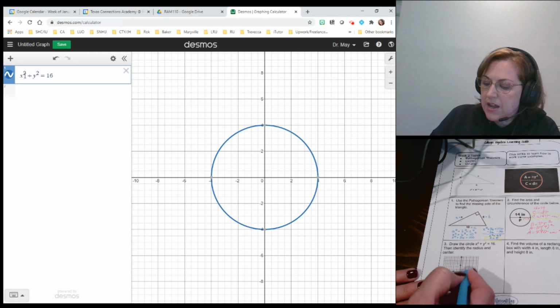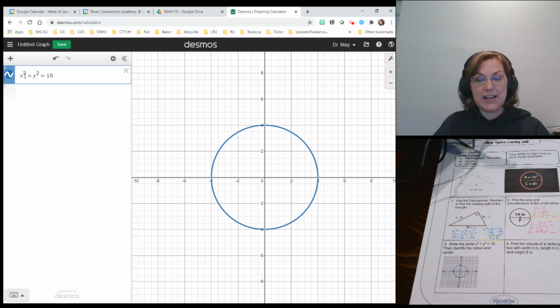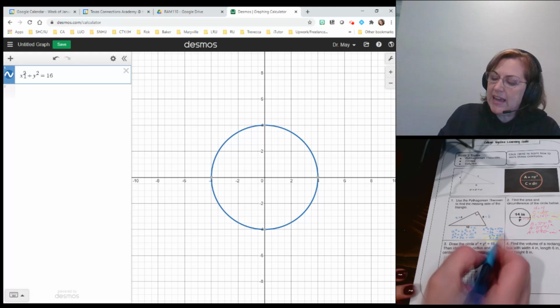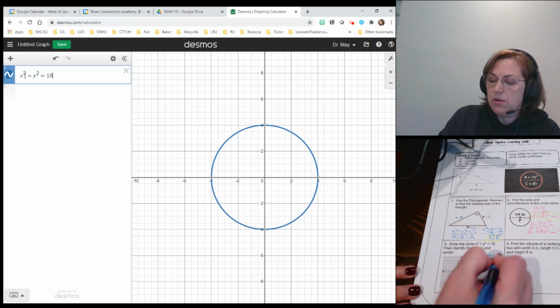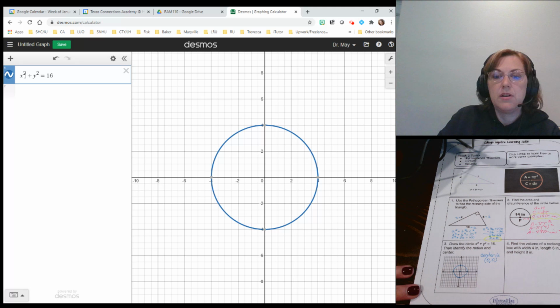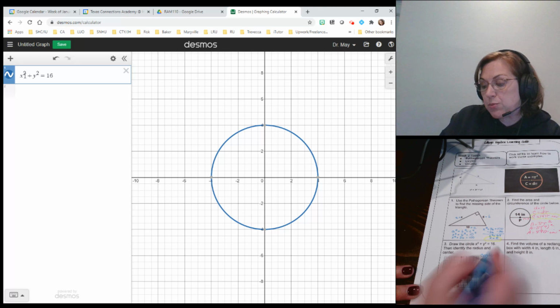And you can draw. Now, your circle does not have to be perfect. Mine won't be, okay? But you get the general idea, right? And again, my center is in the middle, which the coordinates there are 0, 0. And my radius goes from the center to one of the edges, which is 4.